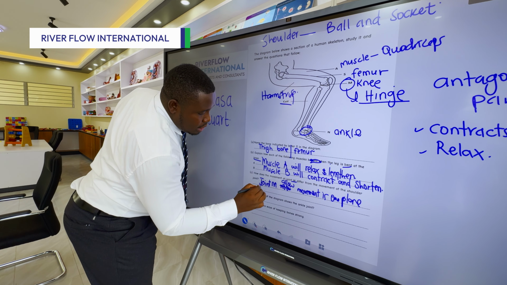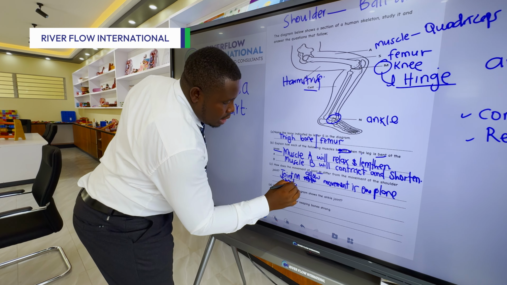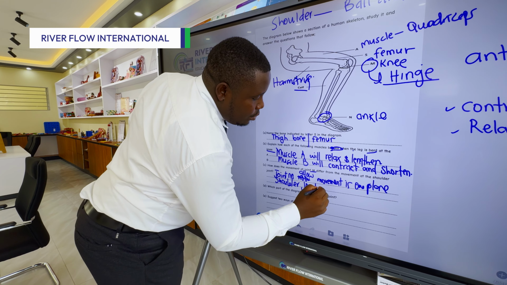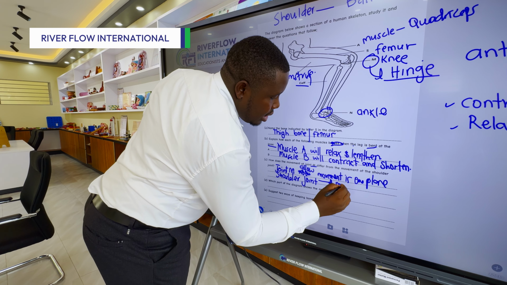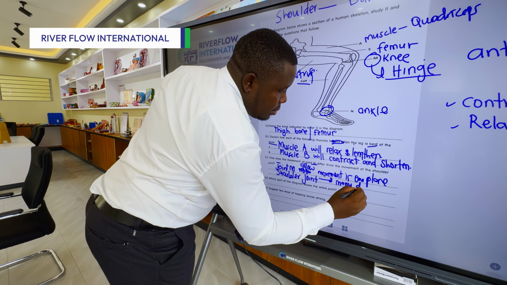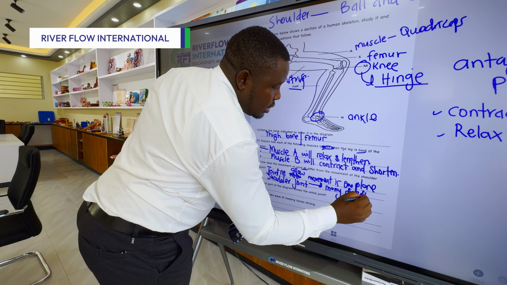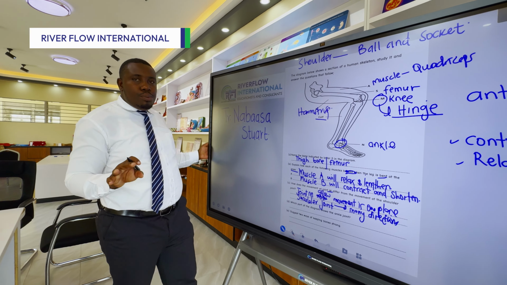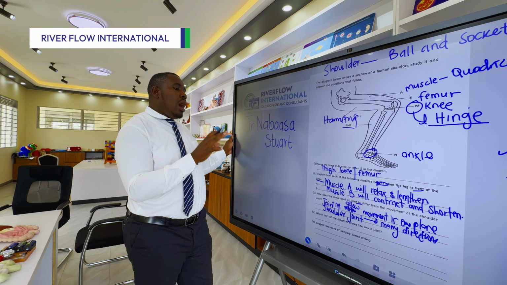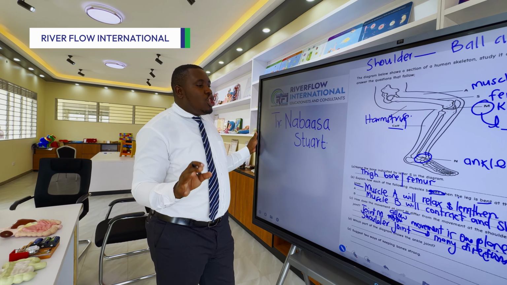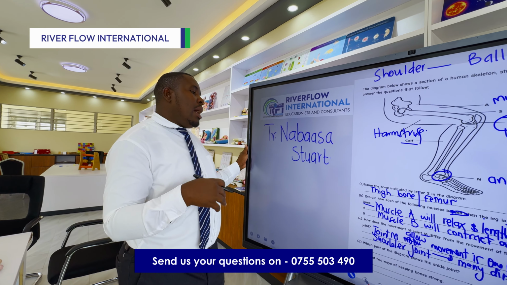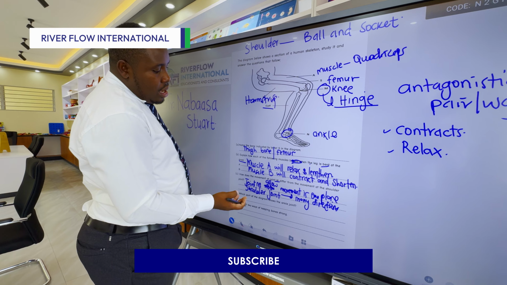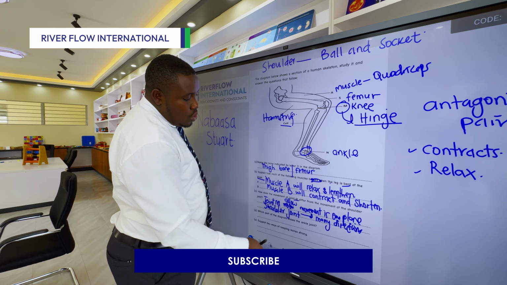But the shoulder joint allows movement in many directions. I'm just keeping it simple. But we could also talk about how many planes the hinge joint gives, and how many planes the shoulder joint gives.